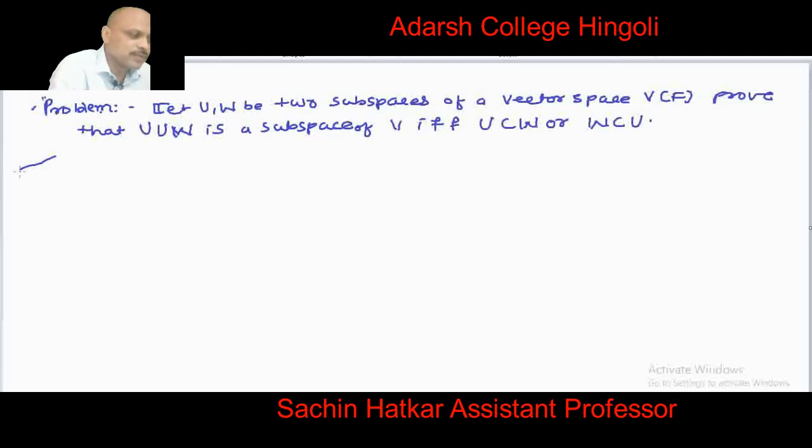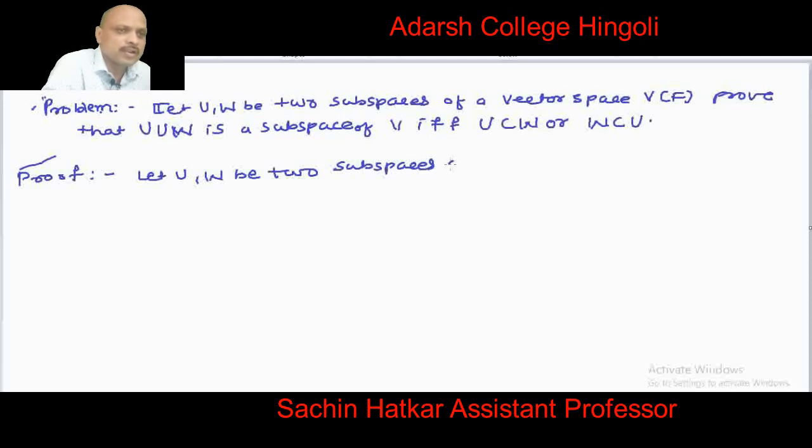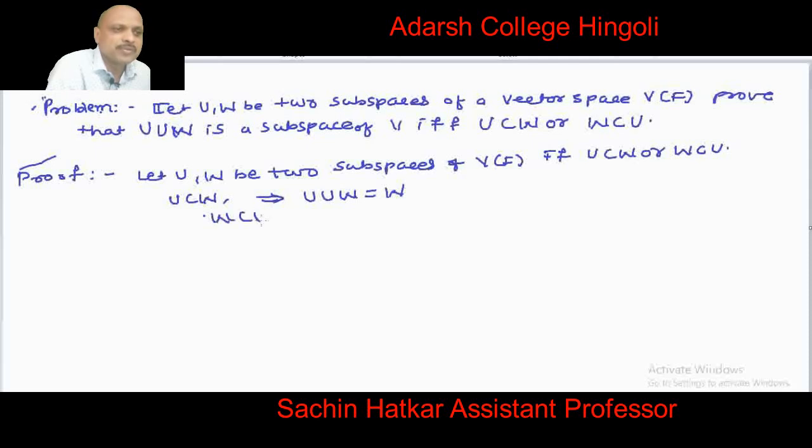Proof. First assume that U, W are two subspaces of a vector space V over F. Now if U is a subset of W or W is a subset of U, then we know that if U is a subset of W, then U union W is equal to W. If W is a subset of U, then U union W equals U. In both cases, they are subspaces.